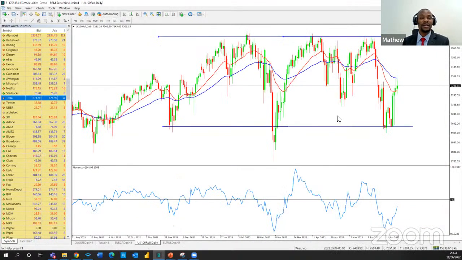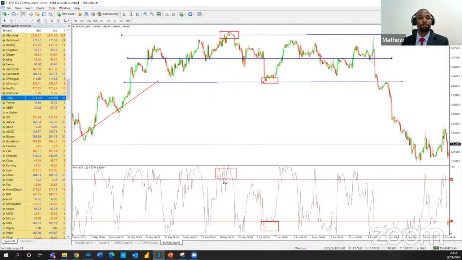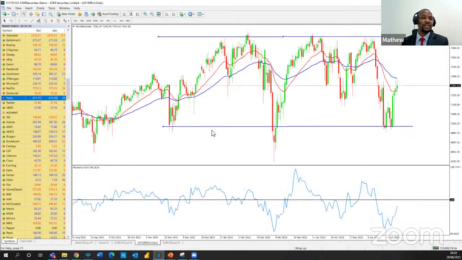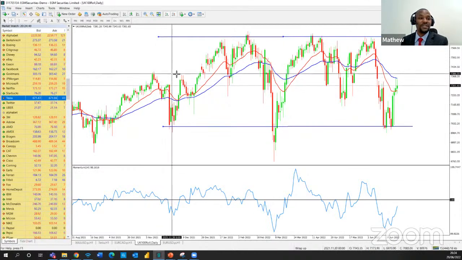Looking at the UK oil on a daily, in this case, we've checked out using stochastic. So looking at Brent or UK oil, it's in a range as well. It's been caught up in a range since the beginning of the year.